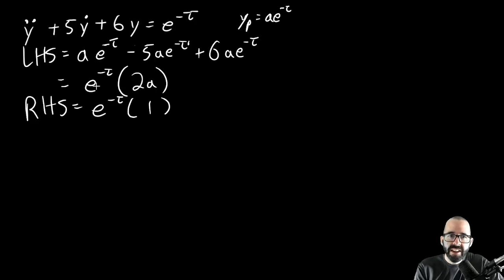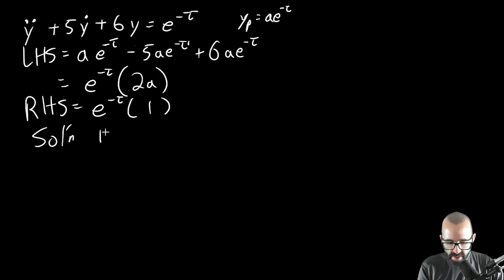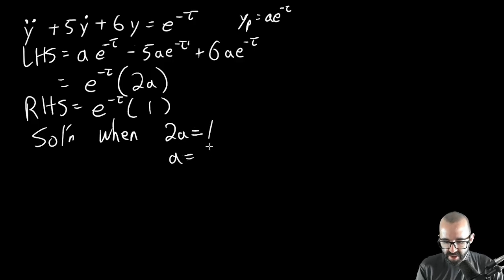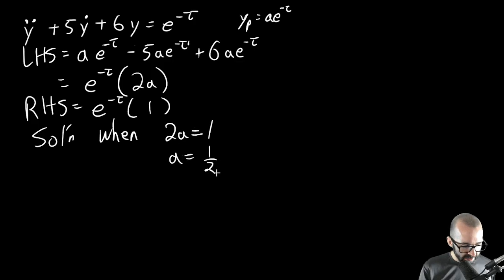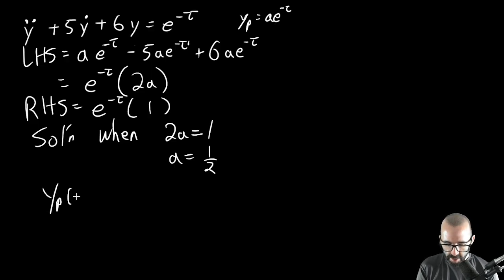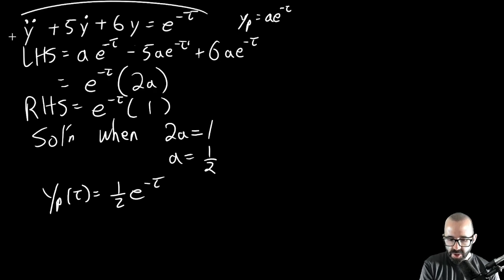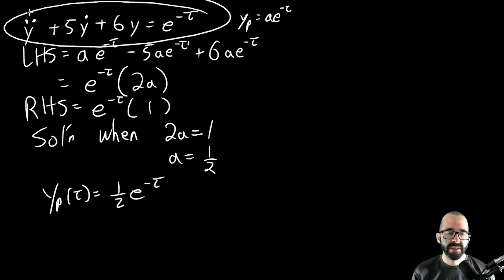E to the -t will always equal e to the -t, so we just need 2a to equal 1. So there's a solution when 2a equals 1. I know when that happens, when a is equal to 1/2. So we found our particular solution. Our particular solution was just 1/2 e to the -t. That's a solution to this differential equation.